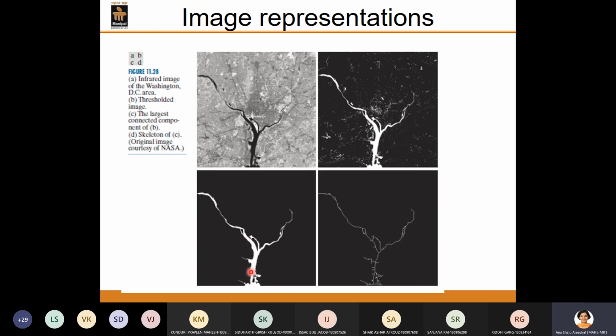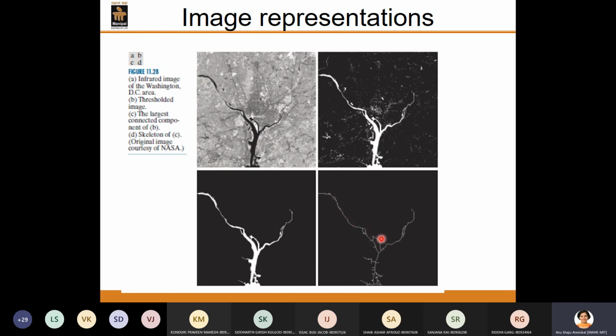And then by using a skeletal operation, or finding the skeleton of the image, you're just trying to reduce the thickness to 1 pixel, so you'll get an image which looks somewhat like this.